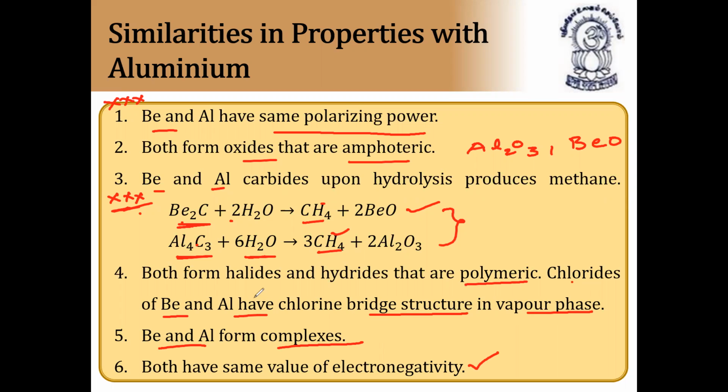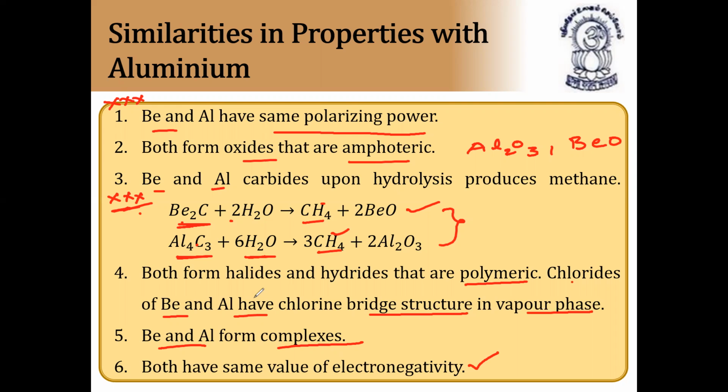Since most of the properties are comparable between beryllium and aluminum, they have a diagonal relationship with each other. The oxides of beryllium and aluminum are amphoteric, neither basic nor acidic. Similarly, beryllium carbide and aluminum carbide on hydrolysis form methane gas.